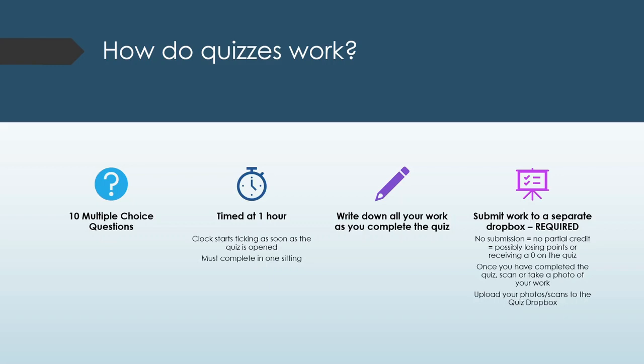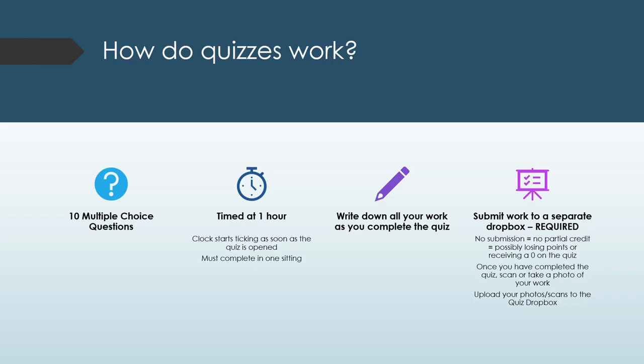Once the quiz is over, you need to submit your work to the Dropbox that is associated with the quiz. So there's a week 2 quiz Dropbox, and that is required. If you have no submission there, you don't get any partial credit on your quiz, and depending on your instructor, some instructors will give you 0 points on the quiz. So you are required to submit your work to the Dropbox, and if you don't, there is a penalty.